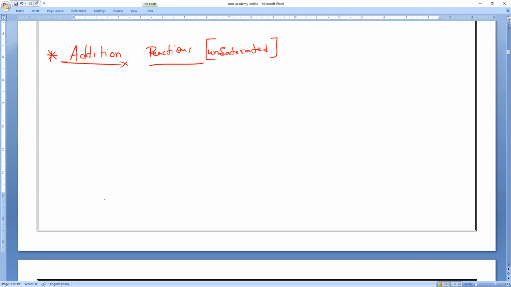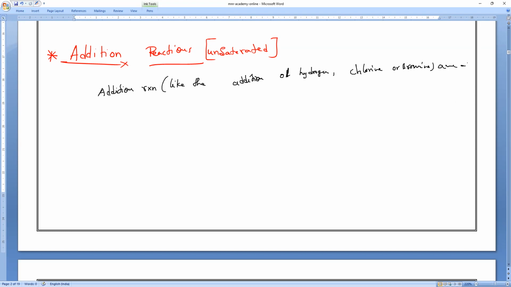Write it. Addition reactions. I am segregating this so that you can write it perfectly in the exam, no confusion. So addition of hydrogen, chlorine or bromine, whatever it is, but we will only go with hydrogen in our class 10th.